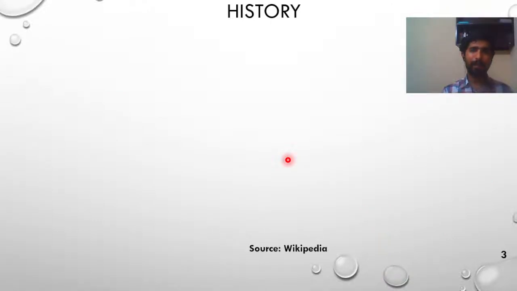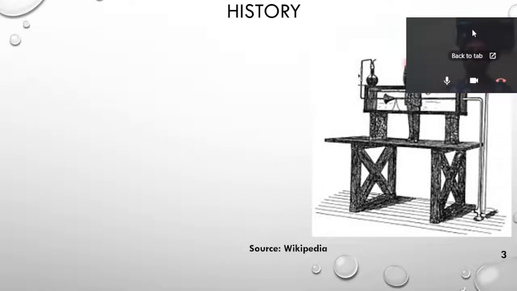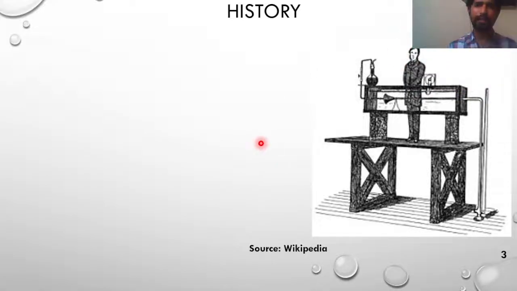So let us come to the history of turbulence. There was a scientist named Osborne Reynolds, from whom we get the Reynolds number also. He conducted an experiment wherein he considered a small pipe and made some fluid flow through it, as you can see in this figure.